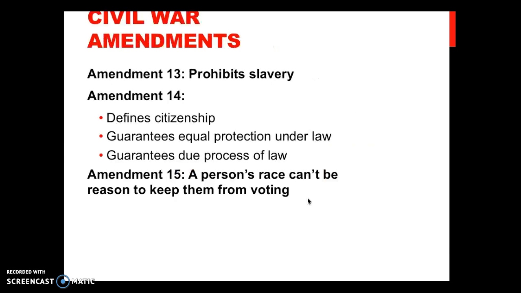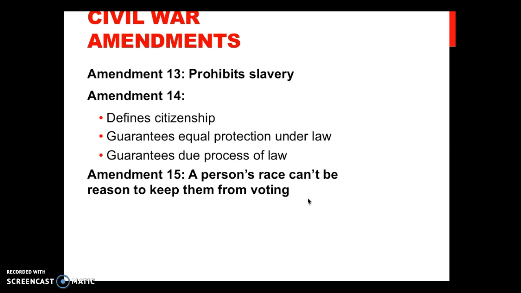So amendments 13, 14, and 15 are your Civil War amendments. 13 outlawed slavery in the United States. You already learned about that. So no person could own another person in this country anymore. Easy way to remember these in order, though, is 13 prohibited slavery, 14 gave former slaves citizenship and guaranteed them equal protection under the law.